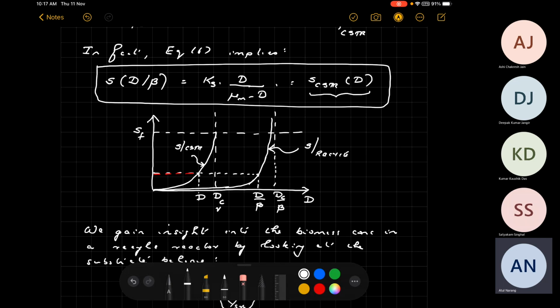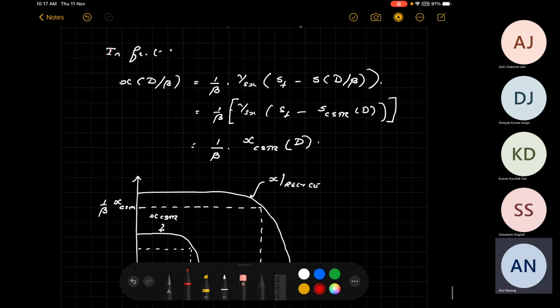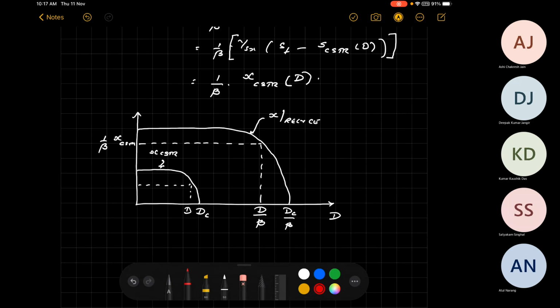That's what this horizontal line in red is showing you: the substrate concentration you get at D is also the substrate concentration you get at D over beta in a recycle reactor. Whereas now, if you go from D to D over beta, you don't get the same biomass concentration. You actually get a biomass concentration that is 1 over beta times that in the CSTR. So it's much higher. At higher dilution rates, your biomass concentration keeps on going up. So is that part clear?